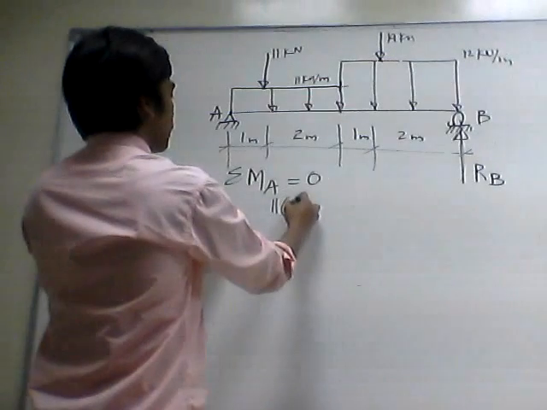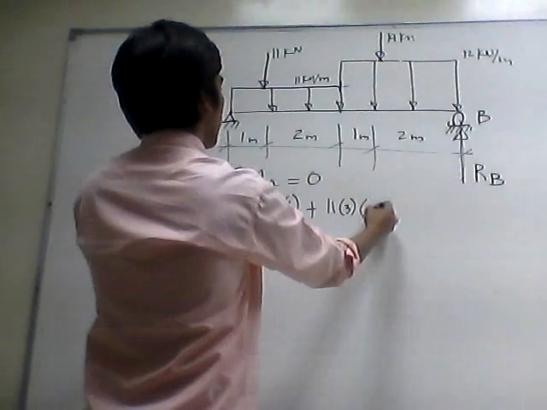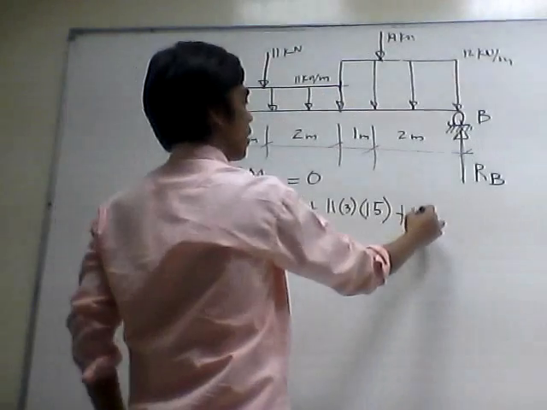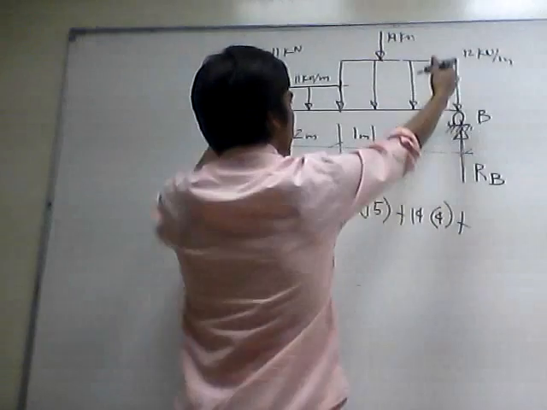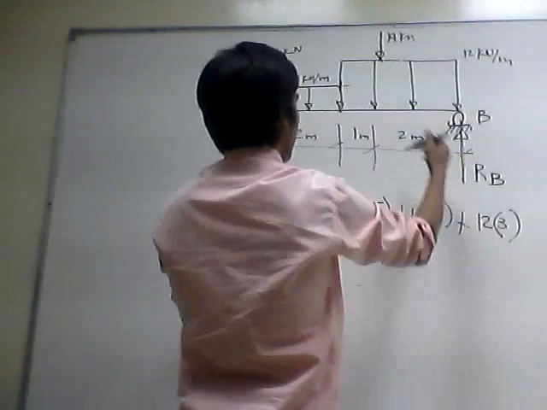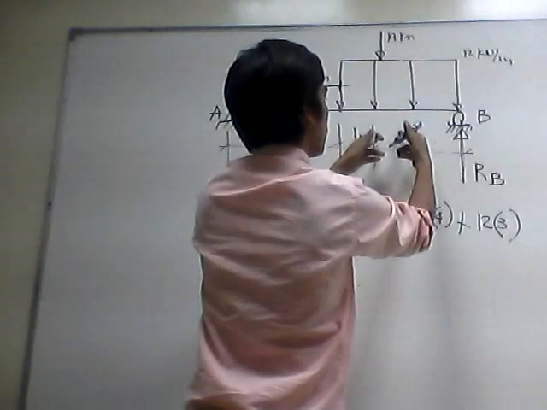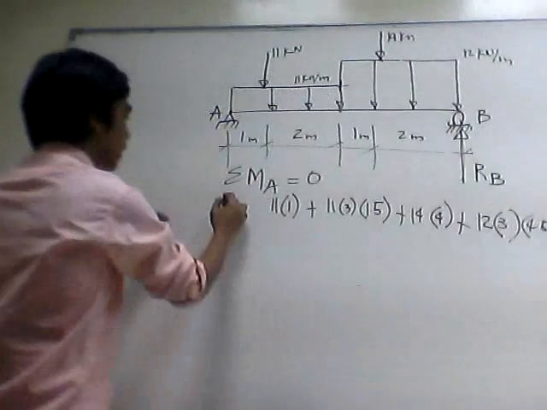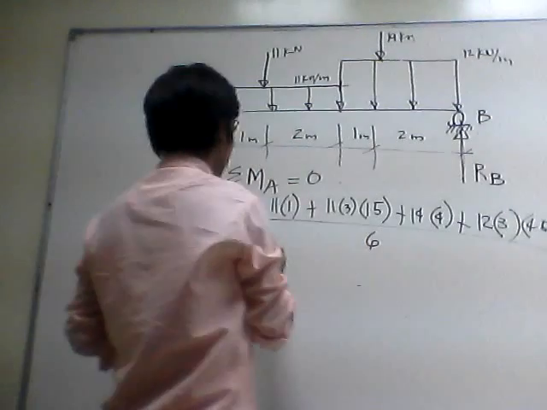That will give you 11 times 1 plus this 11 times 3 multiplied by half of 3, 1.5, plus this 14 multiplied by this distance, we have 4, then plus the uniformly distributed of 12 multiplied by 3 multiplied by the distance of 1, 2, 3, 4 plus 0.5, here we have 4.5 meter. That is RB all over the total span of 6.